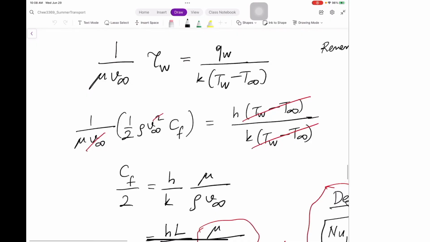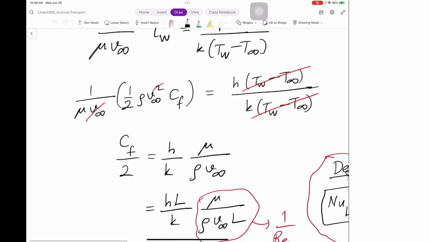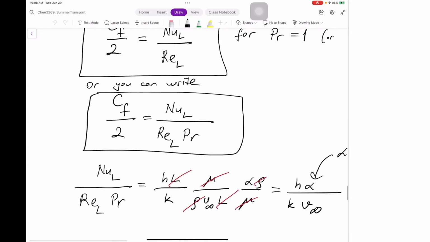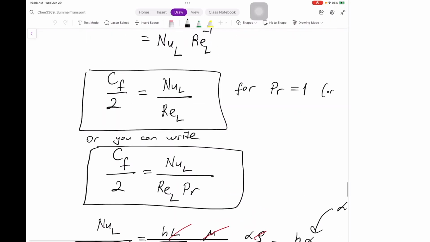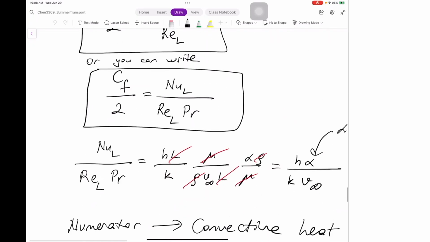So we related the two, and we wrote the shear stress at the wall in terms of the skin friction coefficient, and we came up with this beautiful non-dimensional formula, which tells us that half of the skin friction coefficient is equal to a dimensionless number, which is called the Stanton number.